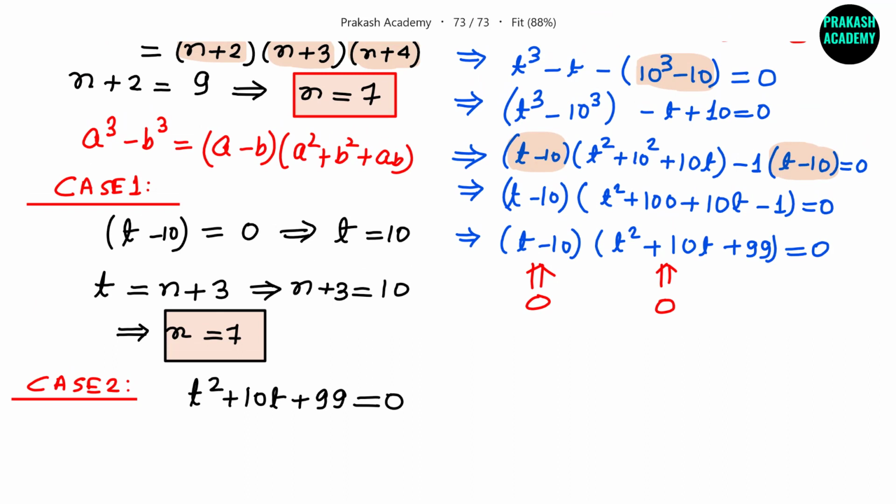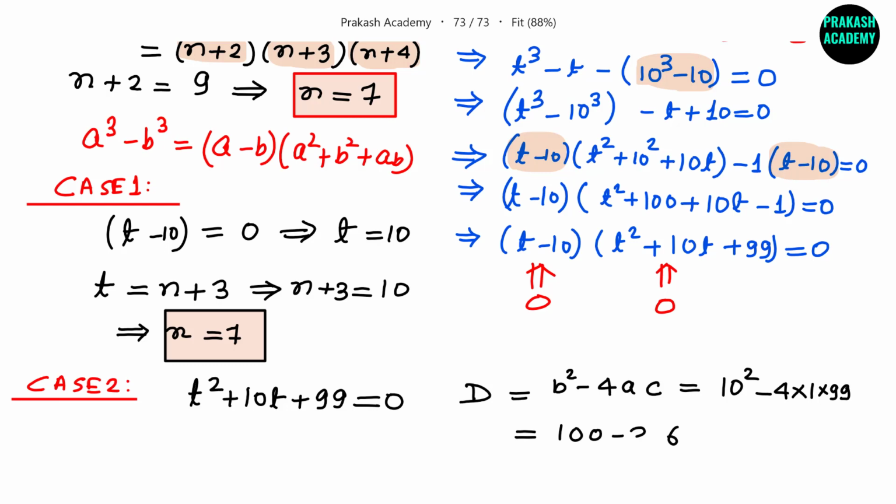Discriminant is b square minus 4ac. And in this case b is 10. So 10 square minus 4 times a is 1 and c is 99. So this becomes 100 minus 396. So this is a negative number.